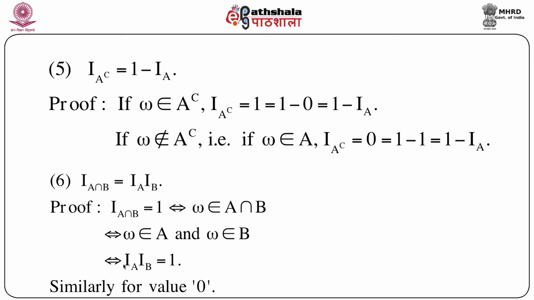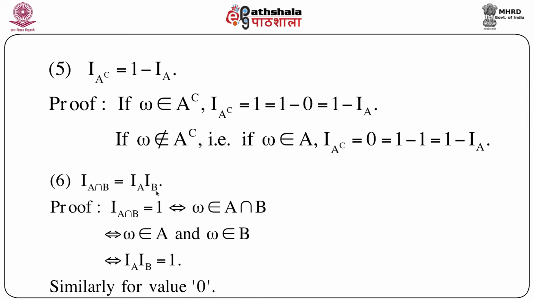And this implies, and is implied by, omega belongs to A means IA is 1 and omega belongs to B means IB equals 1. So IA times IB equals 1. So what we get is that I of A intersection B equals 1 implies and is implied by IA times IB equals 1.